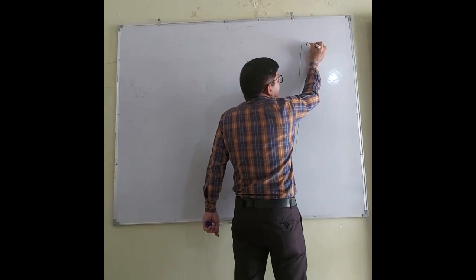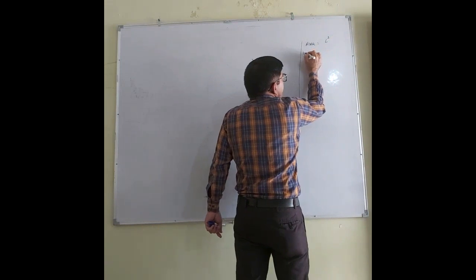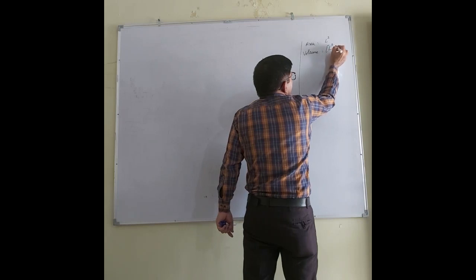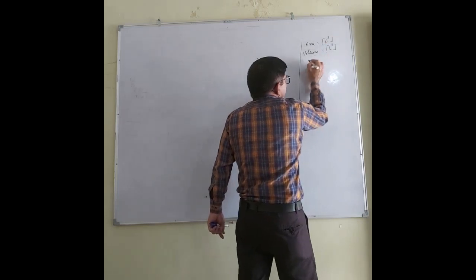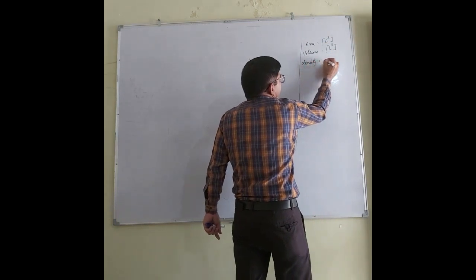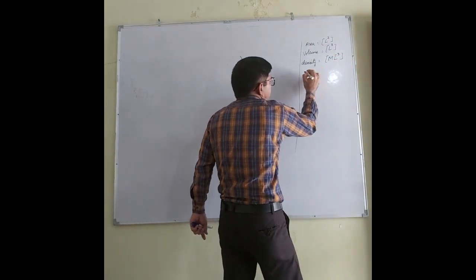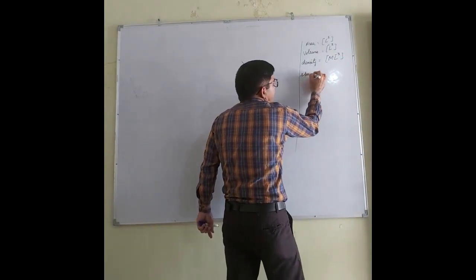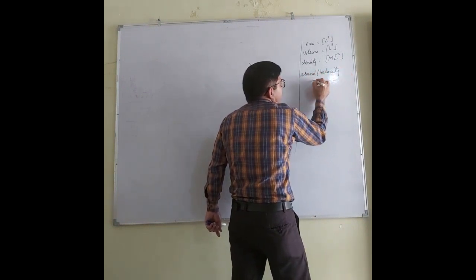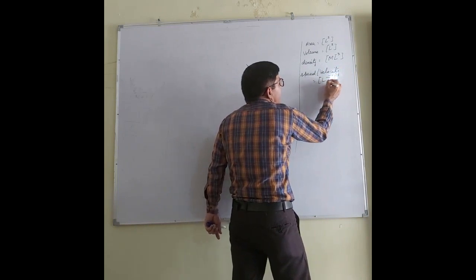Area, dimensional formula is L square. Volume, L cube. Density, mass per unit volume, M L to the power minus 3. Speed or velocity, its SI unit is meter per second, so it can be written as L T minus 1.